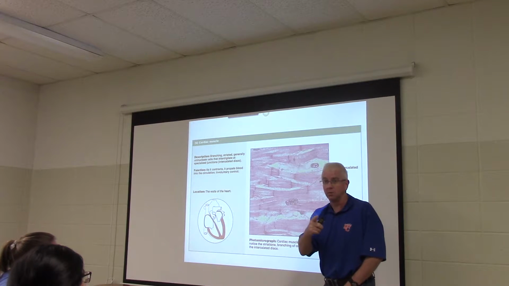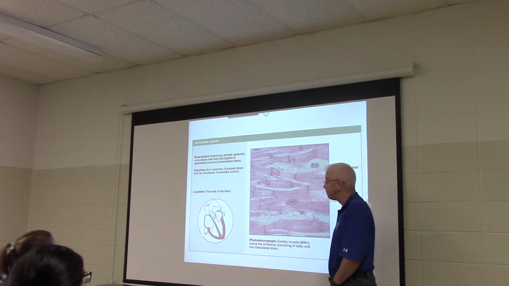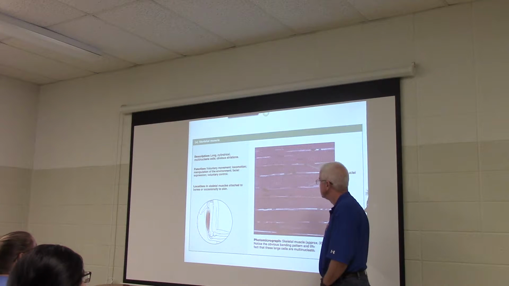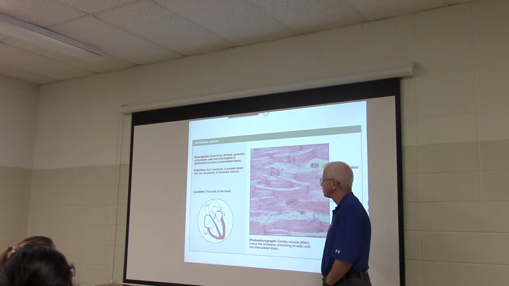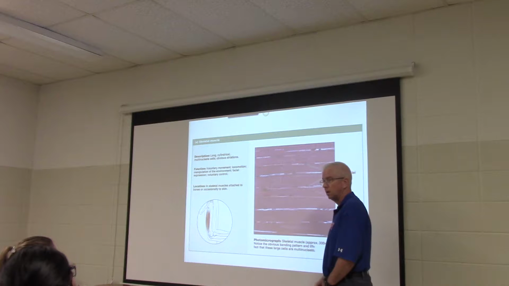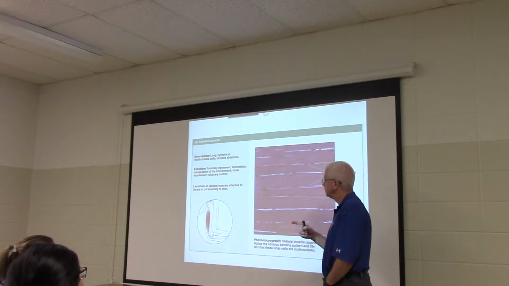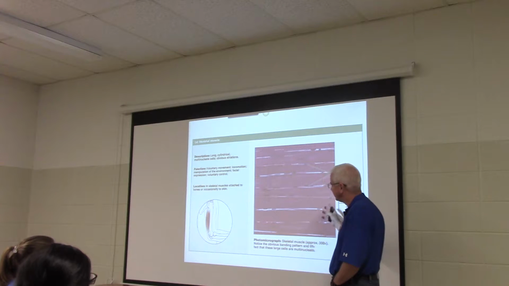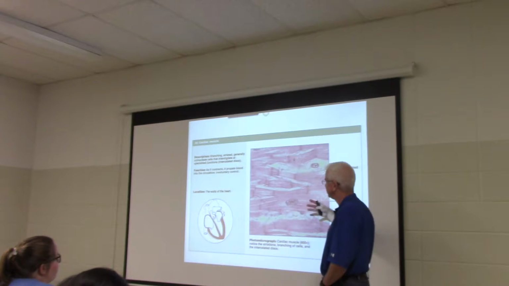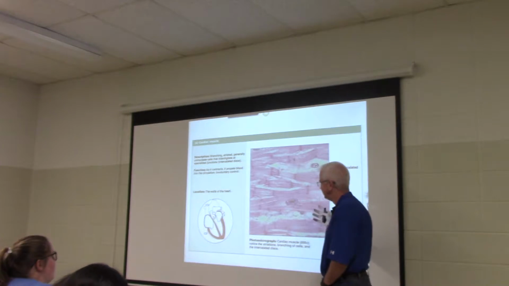So that's really important. Is there anything else? Right, the striations go laterally. Say this again? The striations go laterally or vertically. Okay, well yeah, in this picture it does, but it's just the way it's cut.